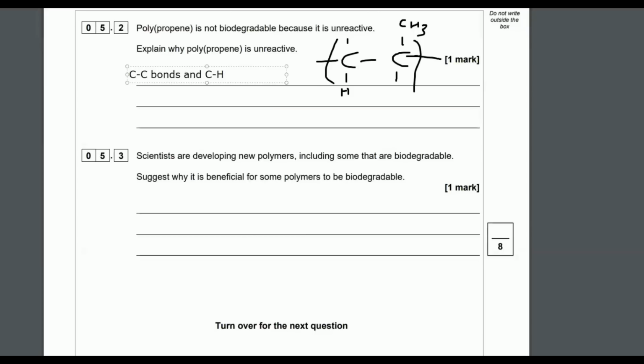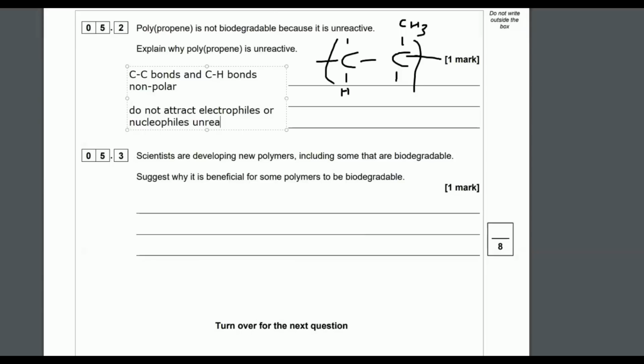They've got similar electronegativity, the carbon and the hydrogen, and carbon the same. So they're non-polar bonds. If they're non-polar, they're neither going to attract positive cations or negative anions. They're not going to attract electrophiles or nucleophiles. Hence, they're not very reactive. So we can say the fact that the bonds are non-polar, carbon-carbon, carbon-hydrogen, means they're unreactive.